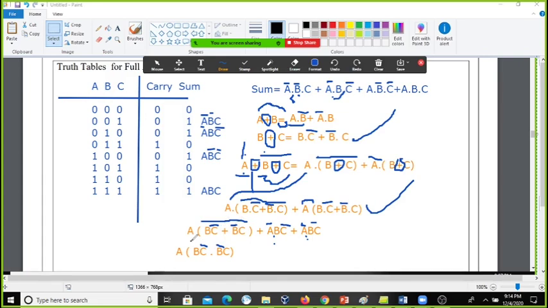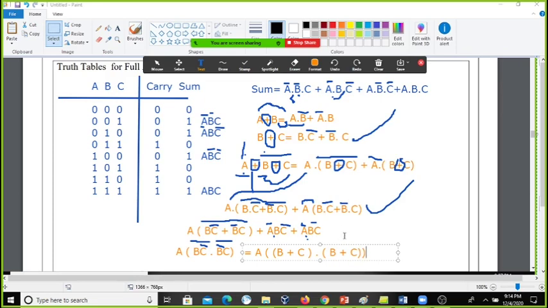You get a bar here and a bar here. Then again we can apply De Morgan's law. Then you get A bracket, for the other one again BC bar, again you can apply De Morgan's law. Then that is equal to B plus C bracket, and the other one also we can apply De Morgan's law, then it becomes B plus C.